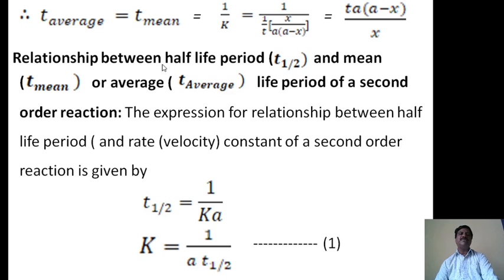Now come to the relationship between half life period and mean life period or average life period of a second order reaction. We know that the relationship between half life period and velocity constant of a second order reaction is given by t half = 1/(k·a). This can also be written as k = 1/(a × t half). Call this equation number 1.